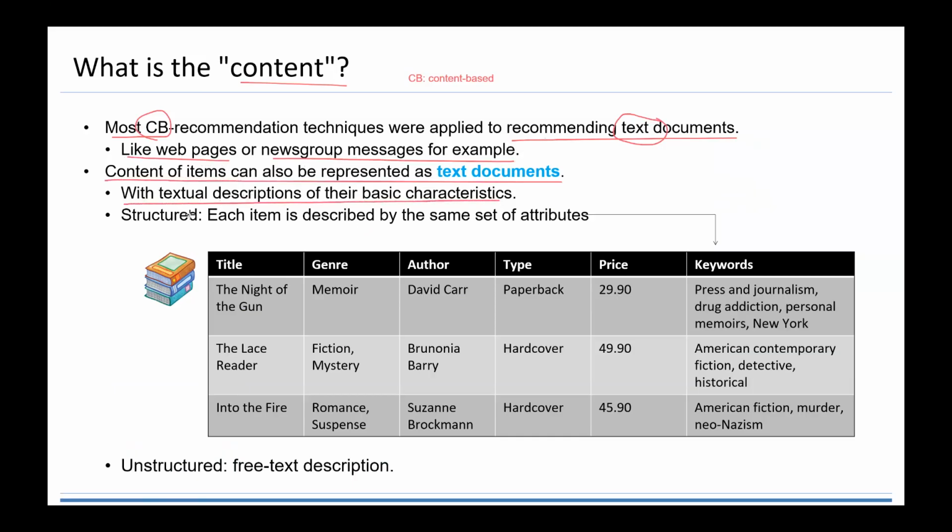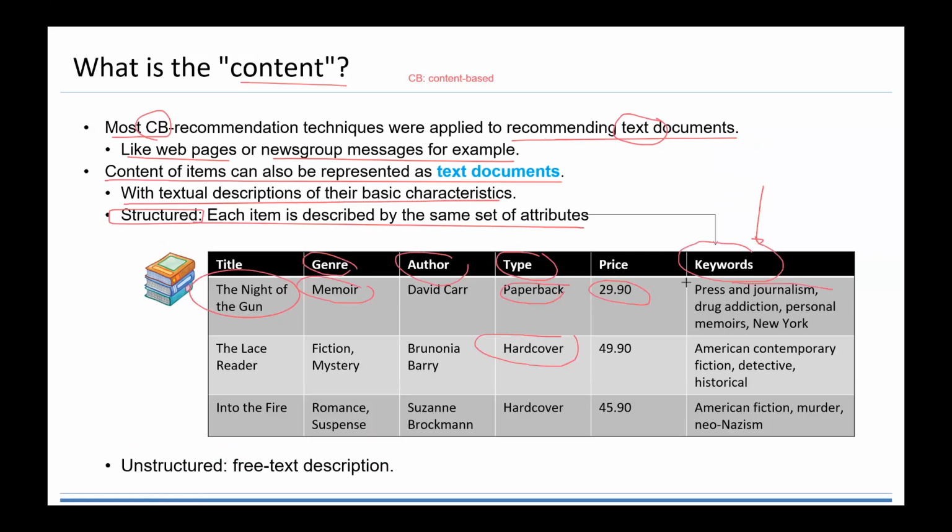And sometimes the text will be structured or in a separate column, like this one. So each item is described by the same set of attributes. Let's say I have this book title, and the genre is memoir, and this is the author. Type is whether it is paperback or hardcover, and we have the price, and we have the keywords.